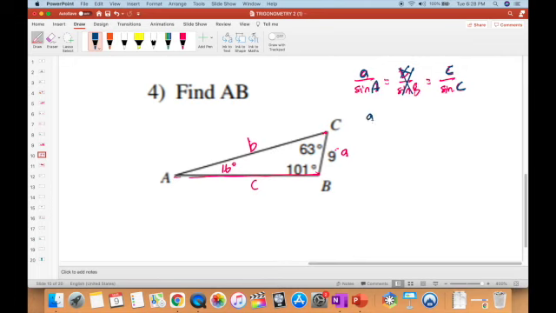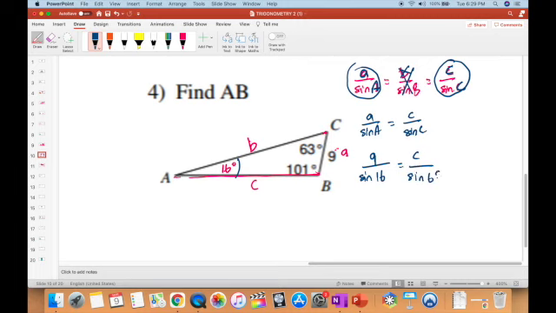So we could say here now that A over sine A is equal to C over sine C, yeah? So these two here is what we are going to equate. Therefore A is 9, and the sine of A is sine of 16, and that is equal to C, which is what we want to find, that's this side here, all over the sine of C, which is sine 63.